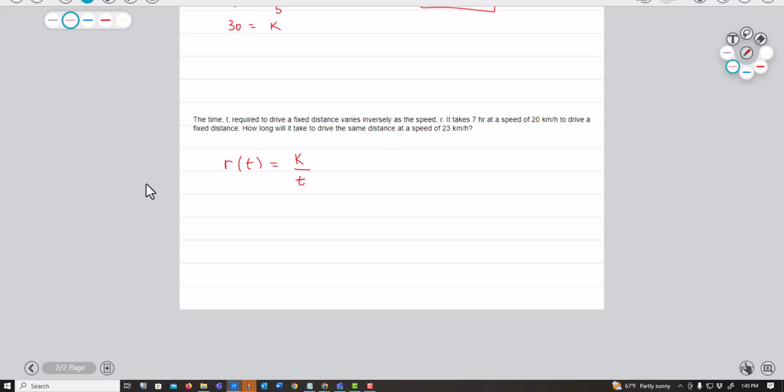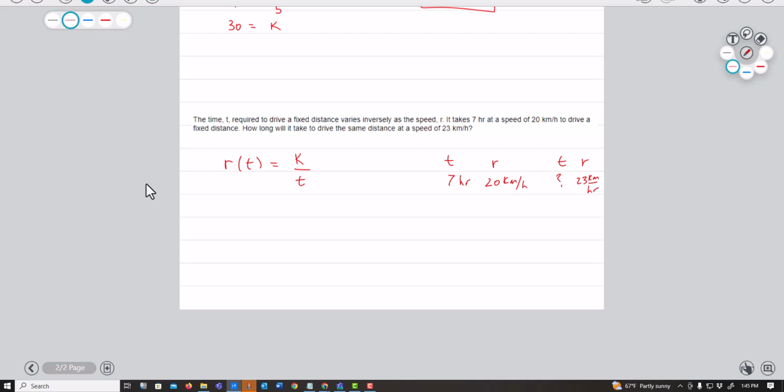Like I did on the direct one, I tend to do this, so I put t is 7 hours. I put my rate is 20 kilometers per hour. Not a United States question, huh? How long will it take? So time, I don't know, but then the rate 23 kilometers per hour.